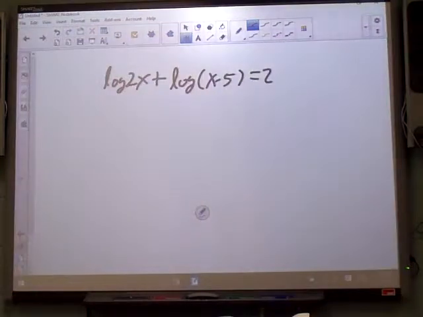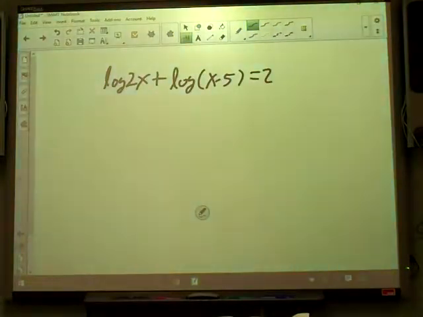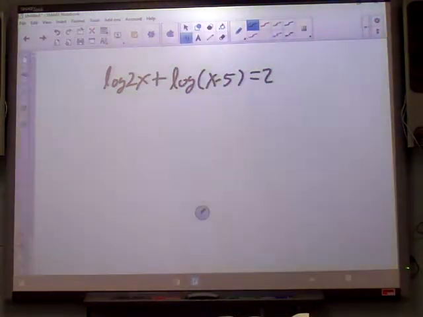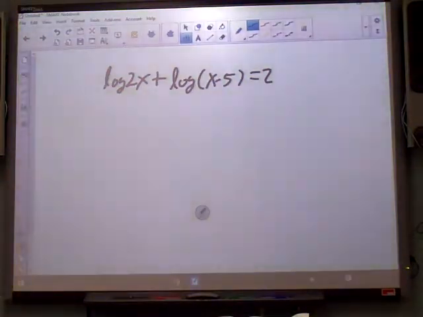The first problem that we did when we switched to log equations had a log on both sides, ln and ln. This one, they're not on both sides. The second one just had one log. This one has 2, so this is a completely different type of problem. If I can get this condensed down to 1 log, I can work it like the last problem. Does this involve one of the properties from yesterday that would let me write it with 1 log? Which one?